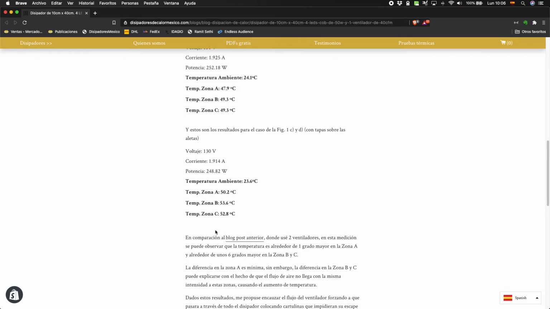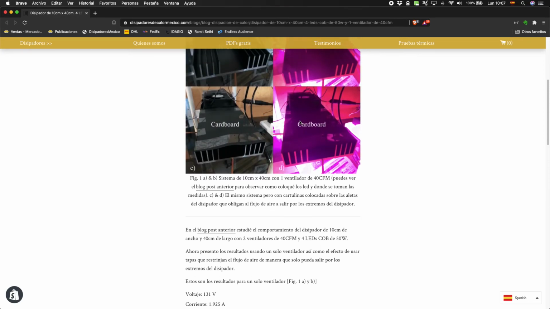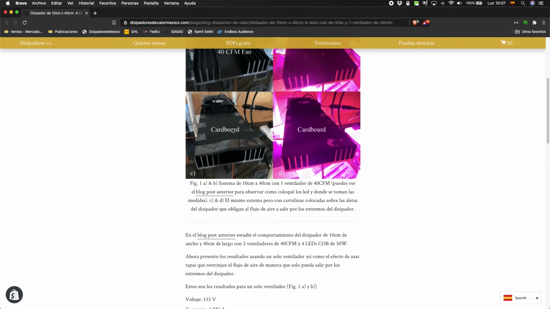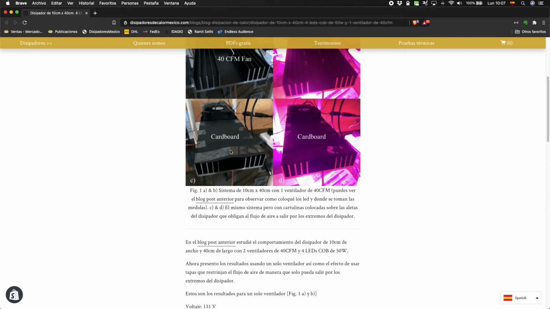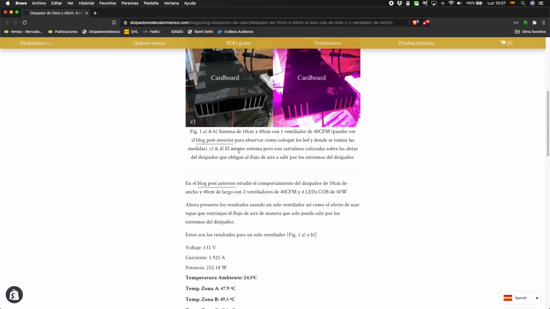This last result is one of the most useful, since for a lot of time I recommended to my clients to actually consider this kind of arrangement, putting some cardboards or some limit to the flow of air exiting the fins before going through all the length of the heatsink.